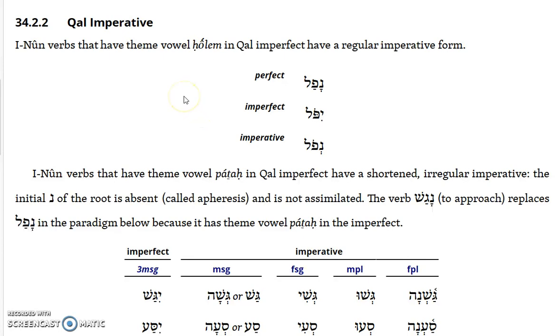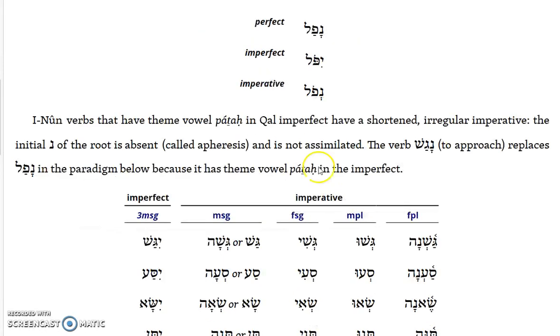First nun verbs that have a theme vowel holem in the Qal imperfect have regular imperatival forms. So if you take nafal, make it imperfect, it becomes yippol, but you can get nefol as your imperatival form, which is exactly what you would expect from the strong verb.